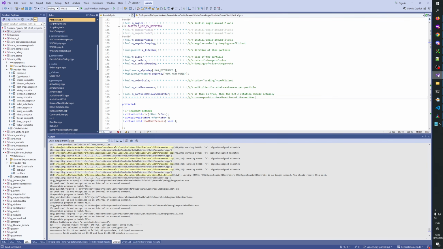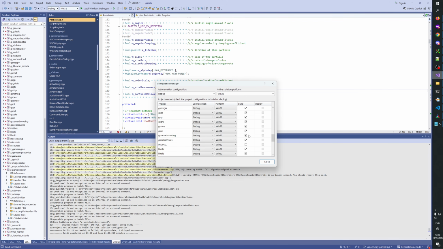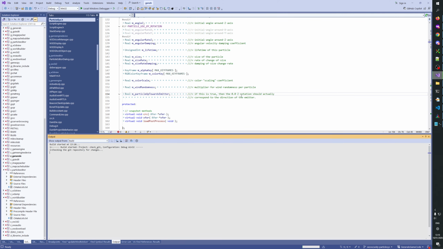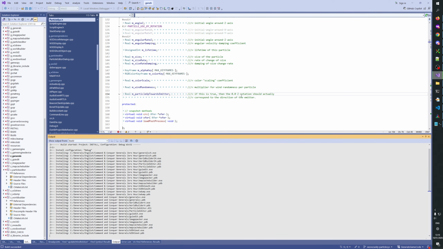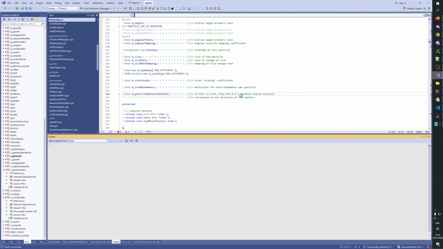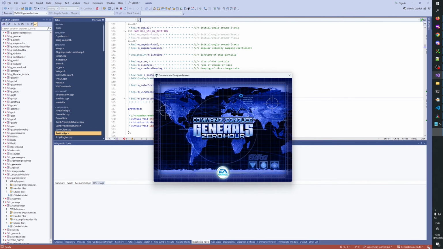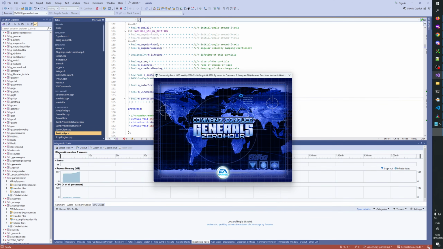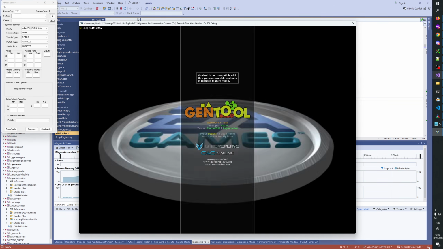Good. Then let's see if 0 hour still launches. So in 0 hour, we should now be able to see the correct terrorist particles and others of this kind that you may have never seen before, which was broken from generals to 0 hour.